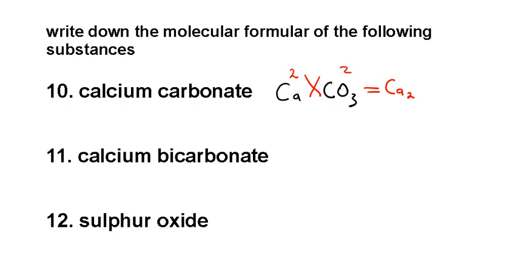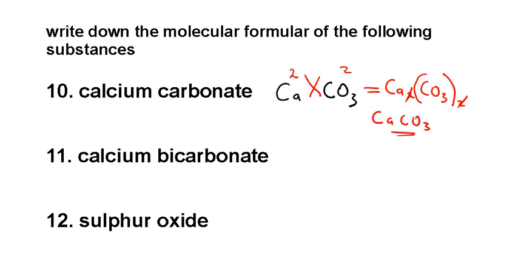So we cancel these 2s, and we have CaCO3, which is calcium carbonate. This is the molecular formula for calcium carbonate. You have to make use of the valency for you to write down the molecular formula of a compound.